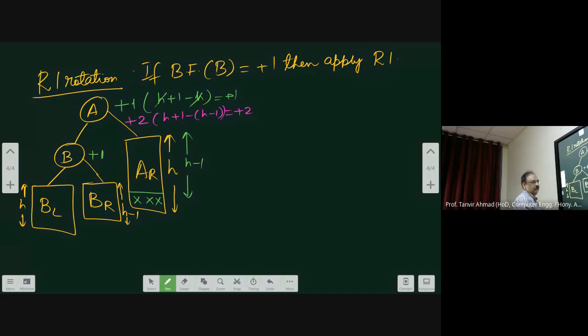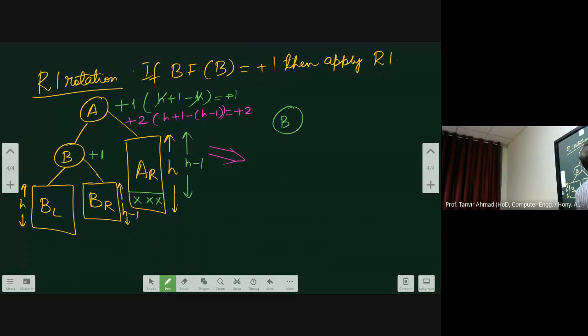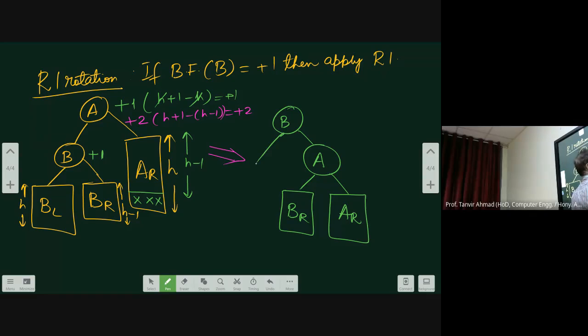Now the end result. Just put like this. Now what is the balance factor of this? h minus 1.